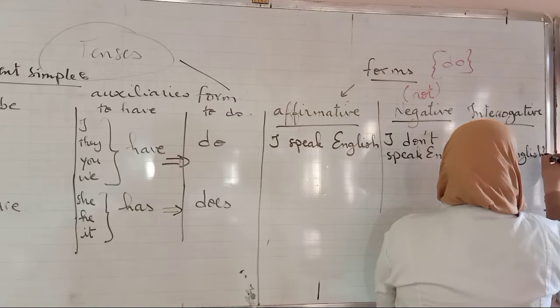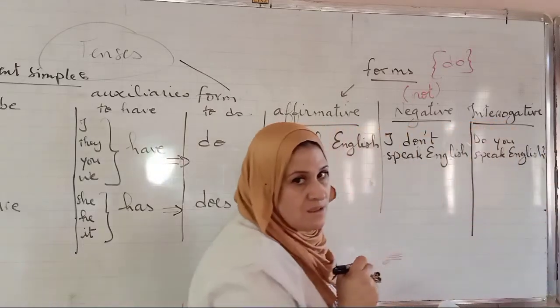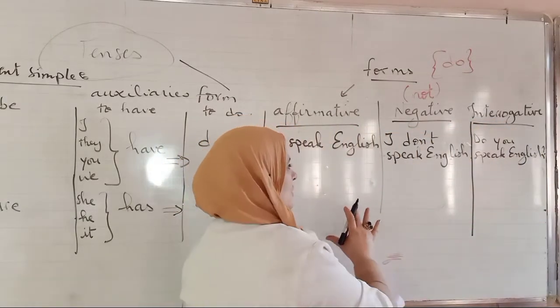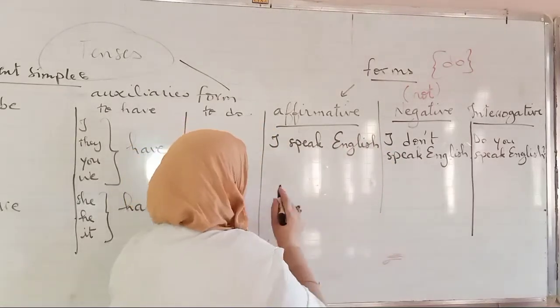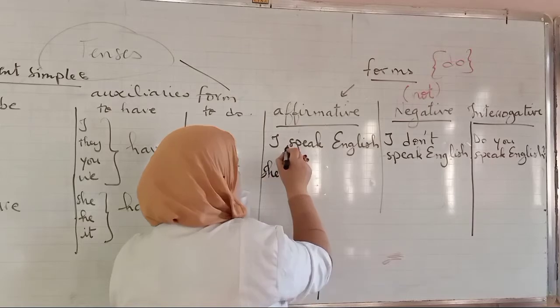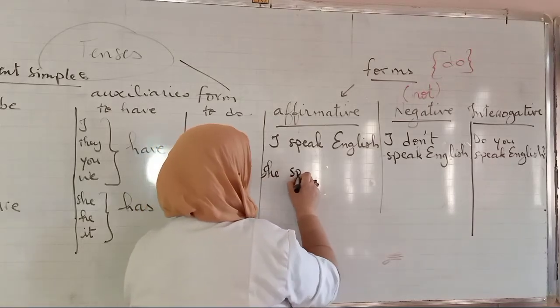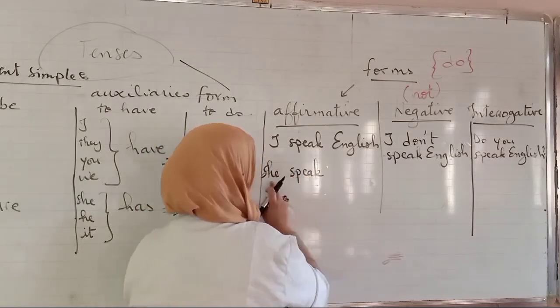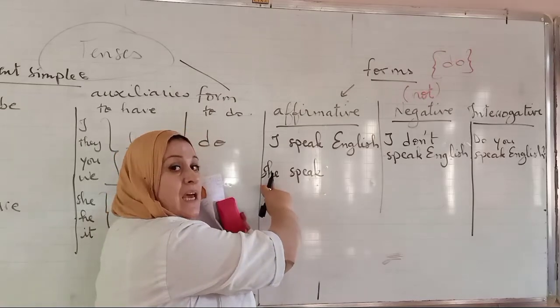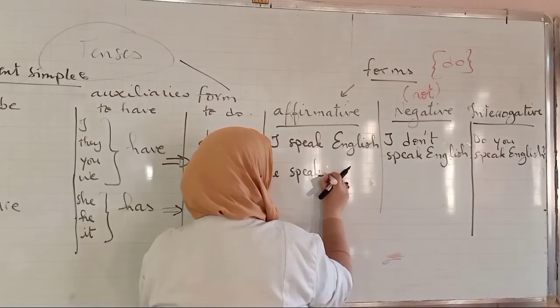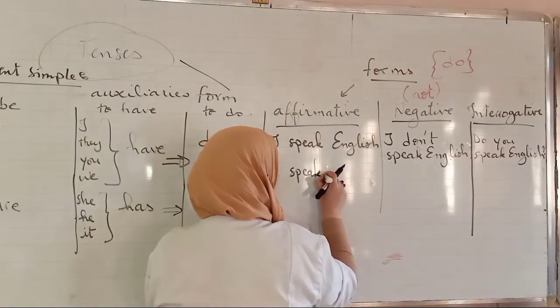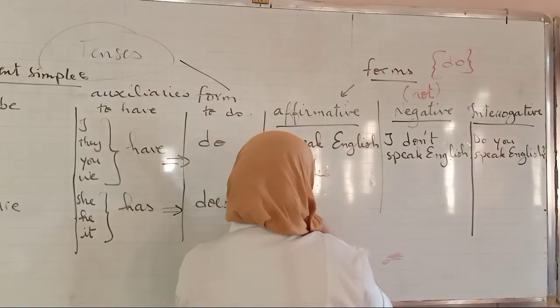And of course, my question mark. So here, it is with I. If it is with the third person singular, for example she, automatically, we said with the third person singular, she, he, it, we add s to the verb. So she speaks English.